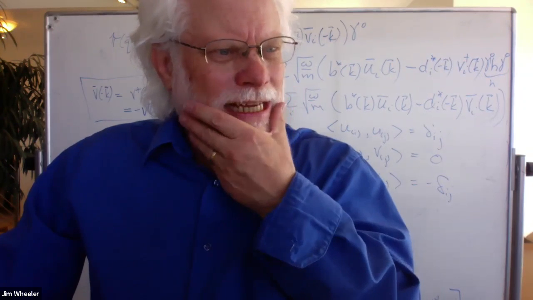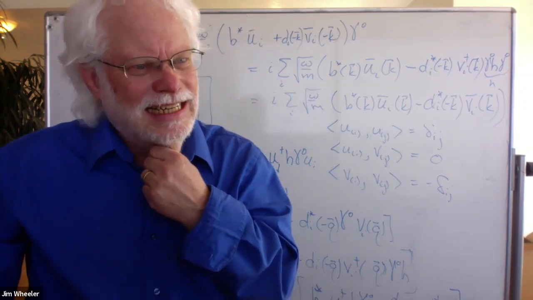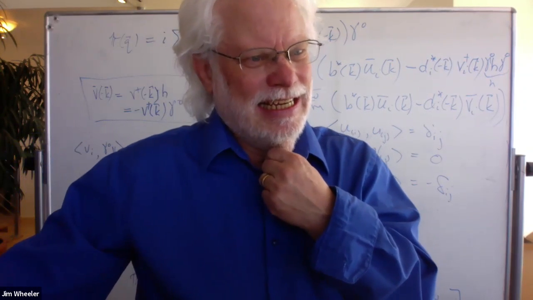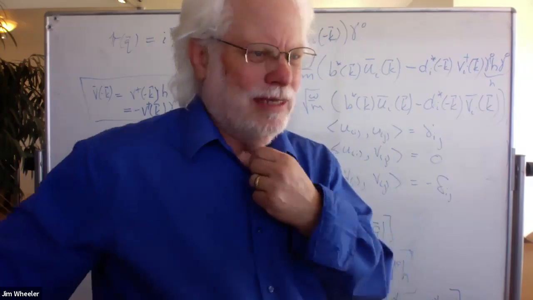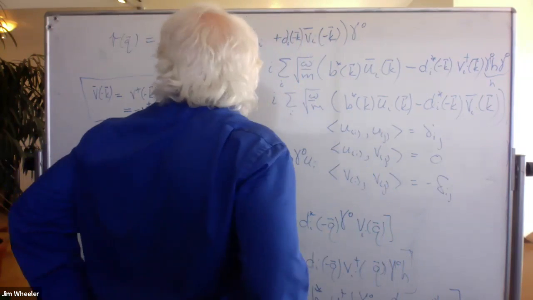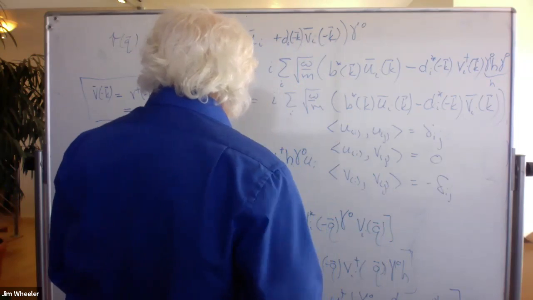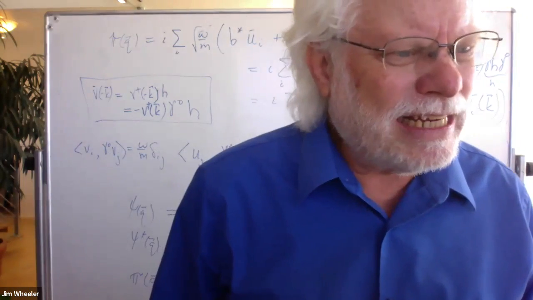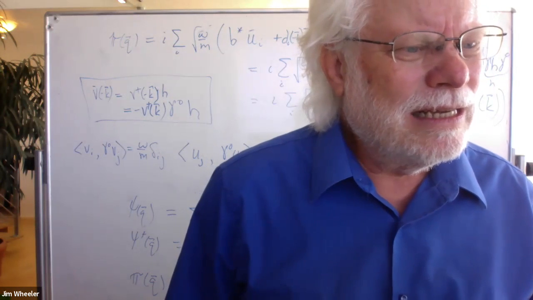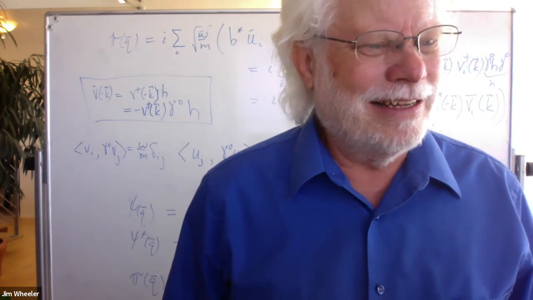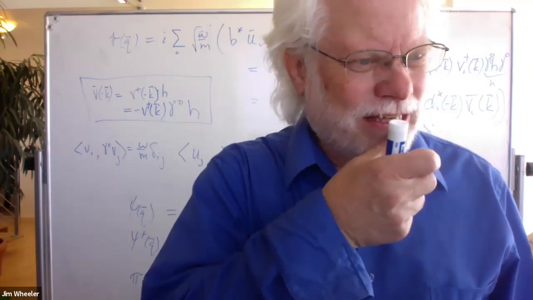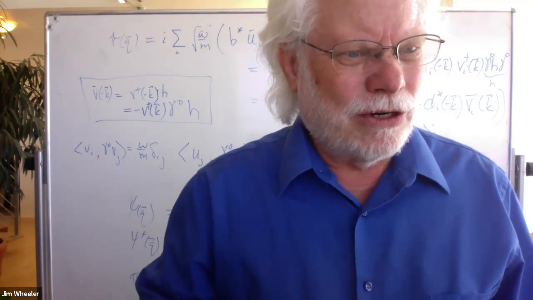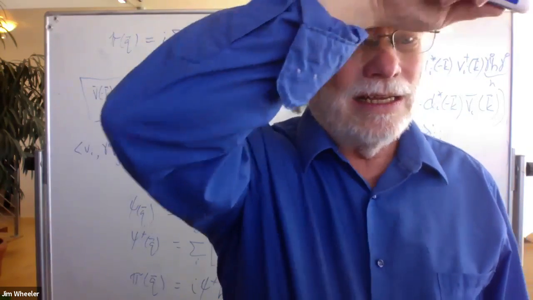So now, if we take the inner product of U with gamma 0 psi, geez, wish I knew what psi tilde was. I think I just mean the conjugate field. Gamma 0, because what am I writing?